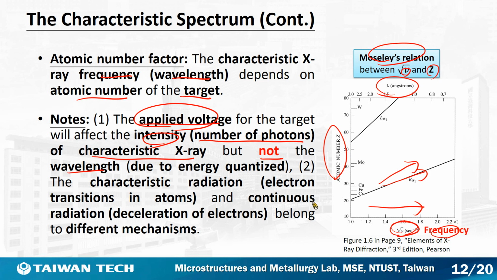And the second note is that characteristic radiation actually has a different mechanism from continuous radiation. Characteristic radiation is due to the electron transition in atoms, and continuous radiation is due to the deceleration of electrons.